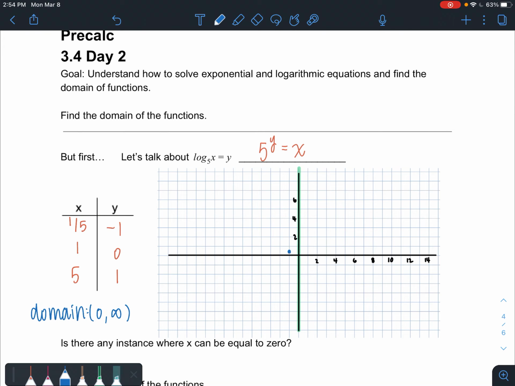Oops, this should be, dang it, 1/5, -1, there we go, 1, 0, and 5, 1. So then our graph is going to go down like this, and then up, and keep inclining like that, pretty steeply.